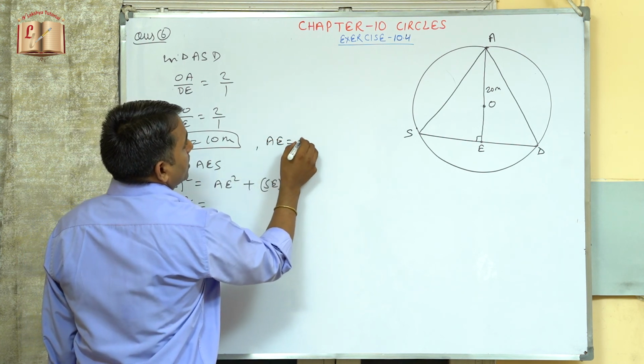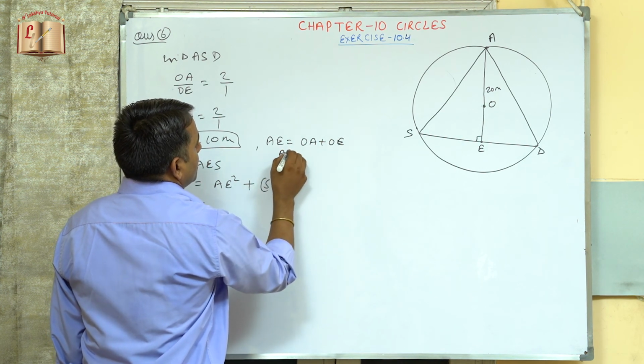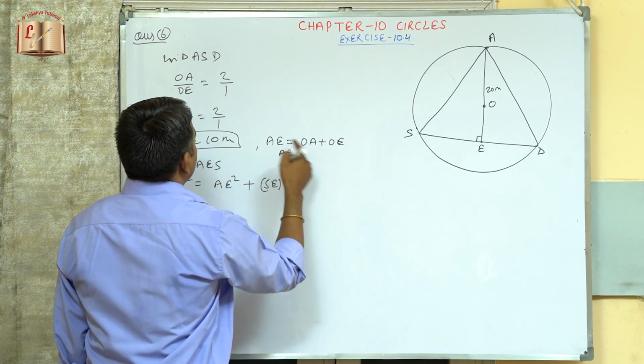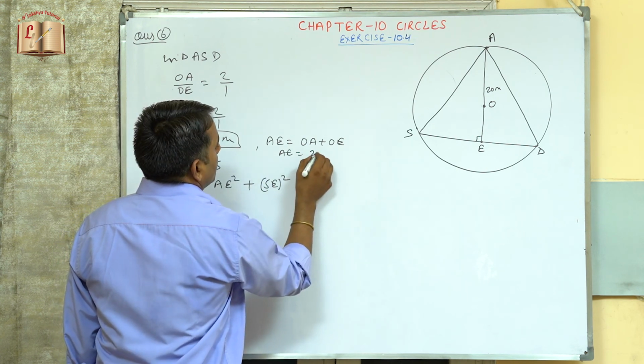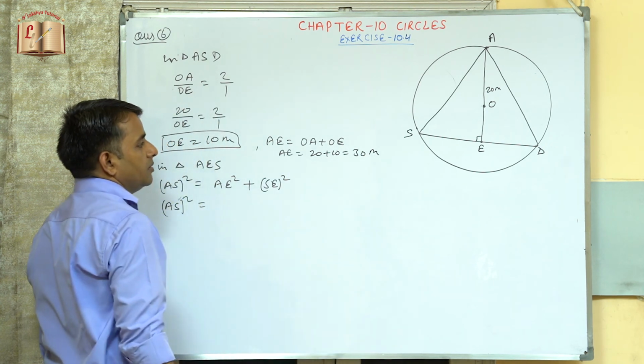AE will be equal to OA plus OE. So AE is equal to 20 plus 10, so this is now 30 meters. So AE we got 30 meters.